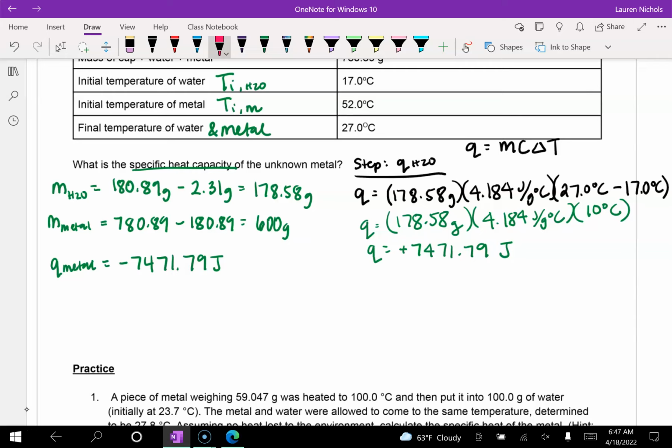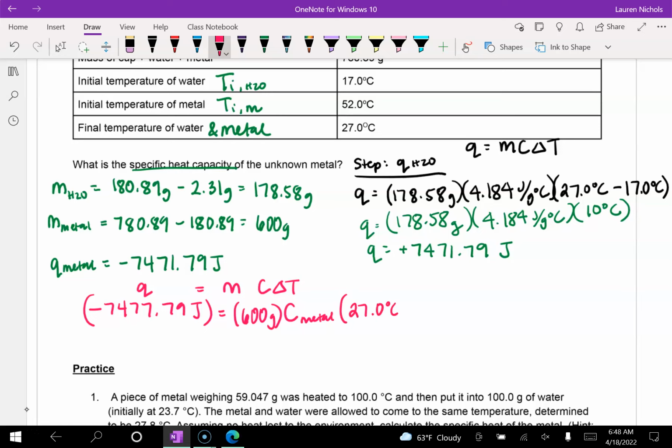So now we can use our Q equals MC delta T formula, but for the metal, to solve for the specific heat. So we know that negative 7,471.79 joules will be on our left side. That's Q equals MC delta T. So our mass is 600 grams. We do not know the specific heat of our metal, and our change in temperature is 27.0 degrees Celsius minus 52 degrees Celsius.